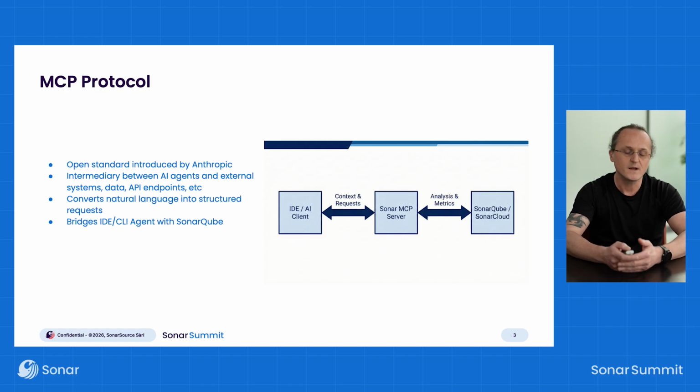The idea is that a user that needs some kind of help using their AI agent, using MCP host, has the capability to use natural language to translate them into queries that end up being sent to some kind of end system.